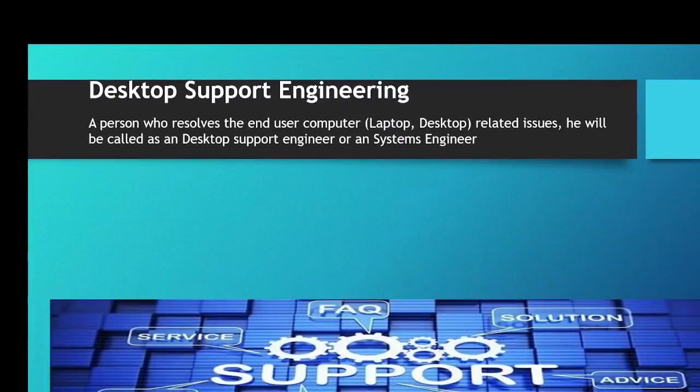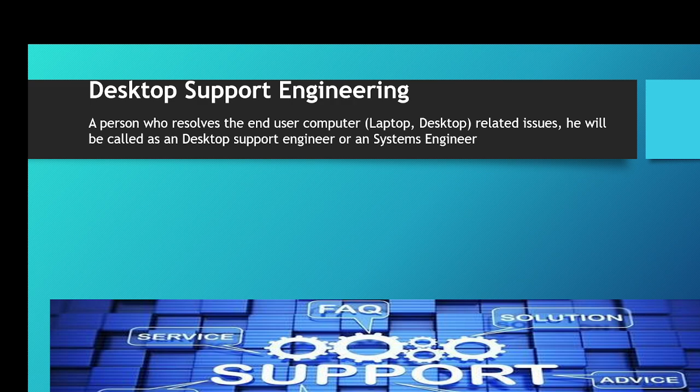Now let us talk about desktop support engineering. I already told you there will be an engineering team in each and every company. All companies use laptops, desktops, and their applications. They have their own applications internally within the office, and to access those applications they use devices like laptops, desktops, palmtops or mobile devices, correct?